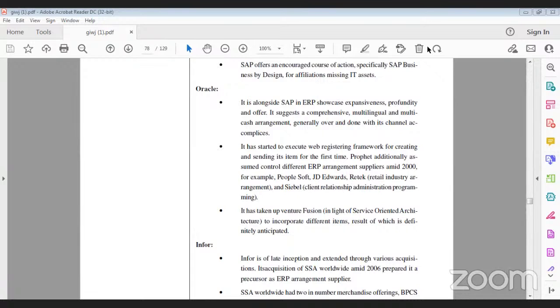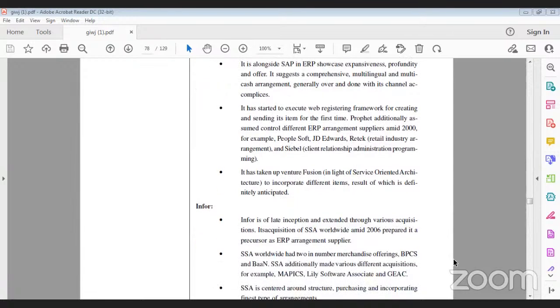SSA also centered around the structure and purchasing of integrated finance type solutions.